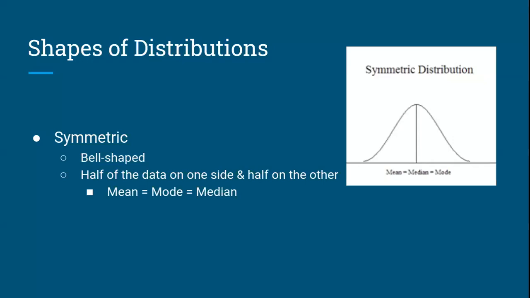You can pick any of them because they're all the same. They are equal. So in a symmetric distribution, the best measure of center is whichever one you choose, because they are all the same. The mean or the mode or the median. Because again, it is symmetric. They are all right there.